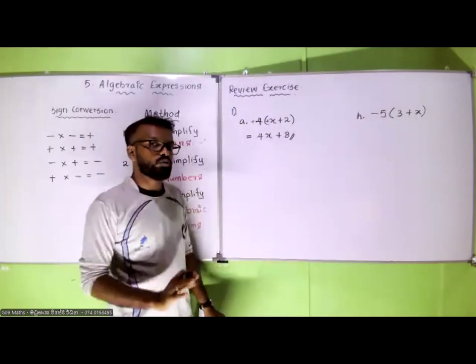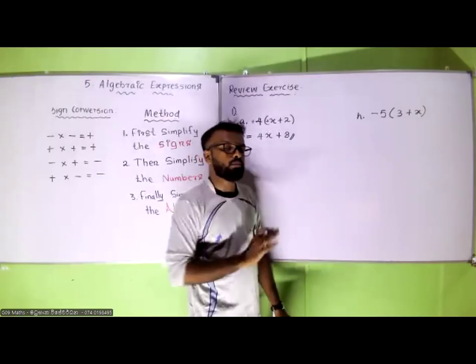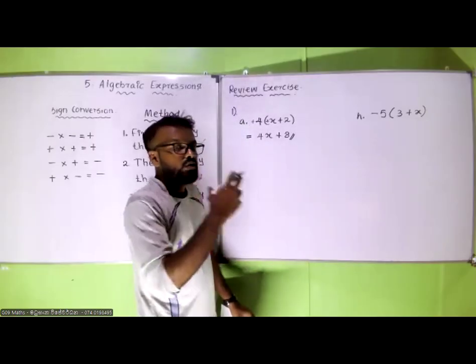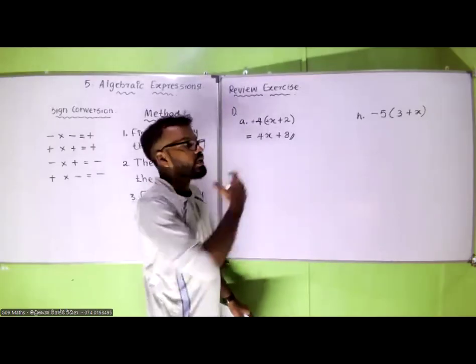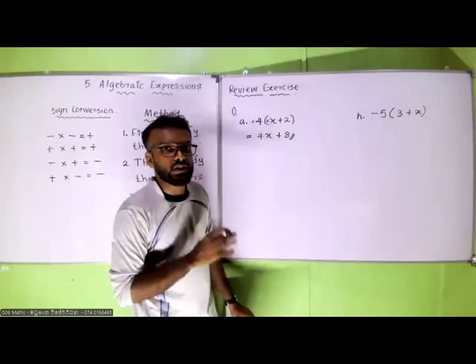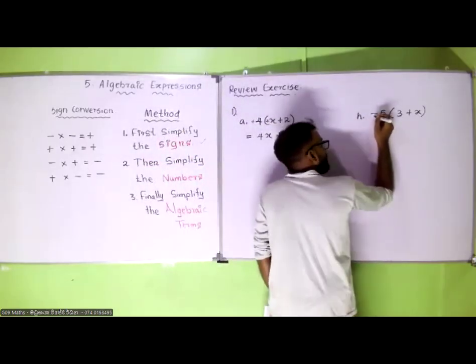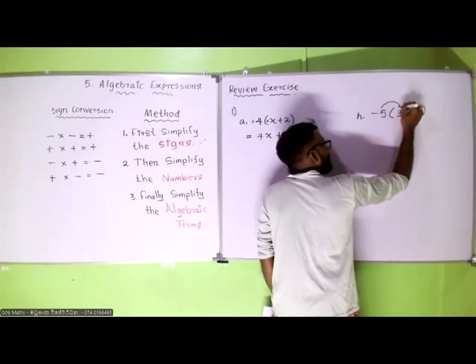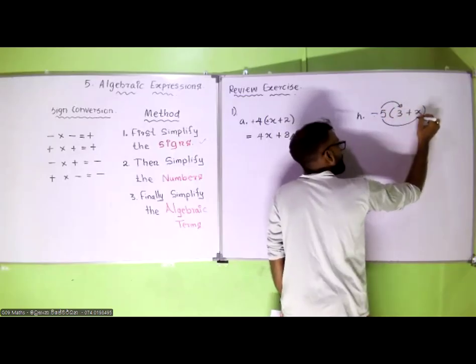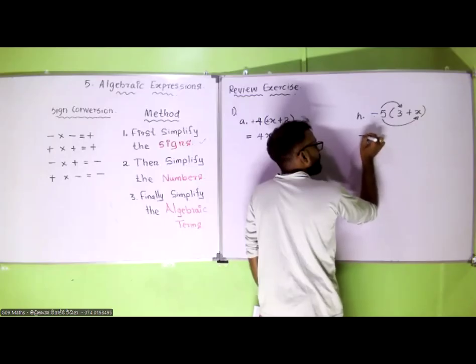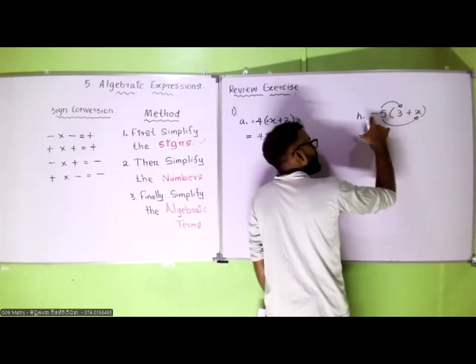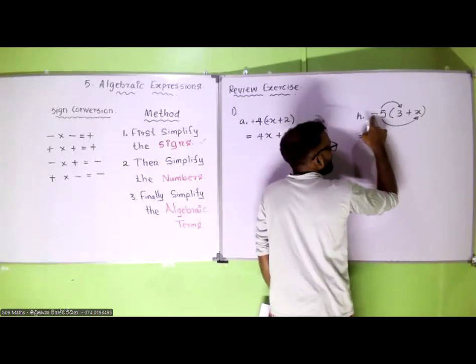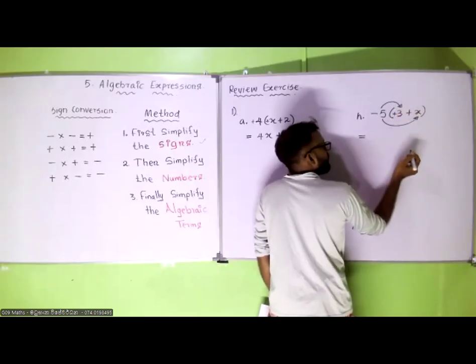So how are we going to do this? Now focus on the board. I will give you time to write. Now you have to calculate with me. Please do this with me. The sign is negative. I am going to first multiply these two terms and then multiply these two terms. Equal mark. First of all, I am going to simplify the signs. Negative into positive. What is the sign?